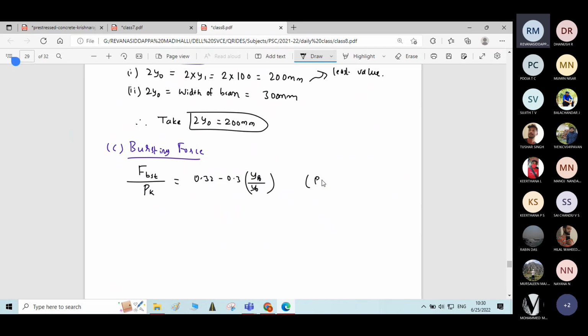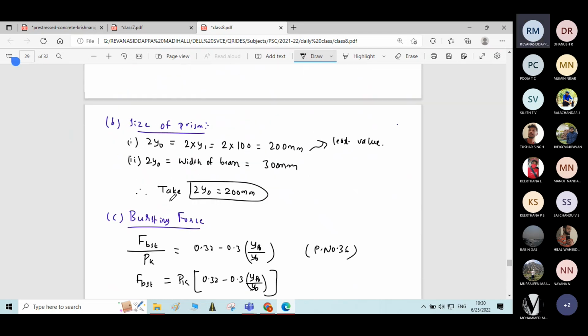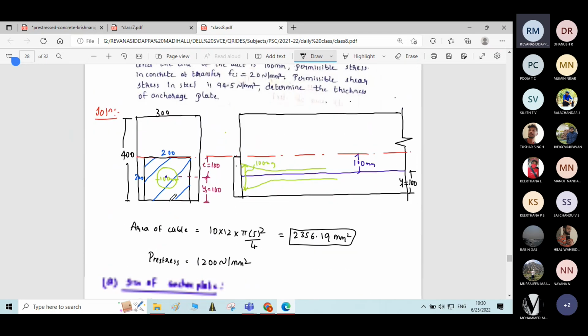Okay, page number 36. Therefore, FBST is equal to Pk into 0.32 minus 0.3 yp naught divided by y naught. Okay, Pk is nothing but pre-stressing force. How much it is? Pre-stressing force.